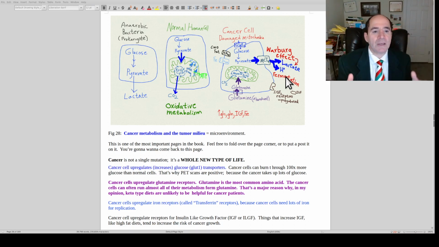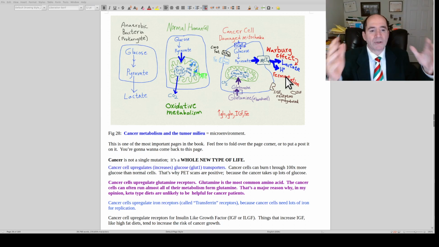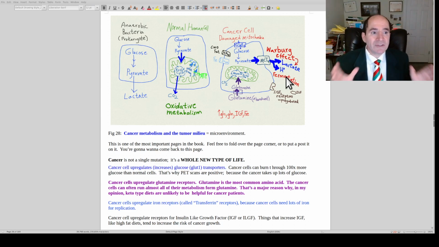The acidity of the extracellular matrix around the cancer cells is good for the cancer. It makes the immune system dysfunctional so that it will not be able to remove the cancer cell. The acidity also prevents the neighboring cells from growing. So this gives the cancer cell an advantage that it can grow and proliferate. Okay, that's why this is called the tumor microenvironment, the space around the cancer cell.